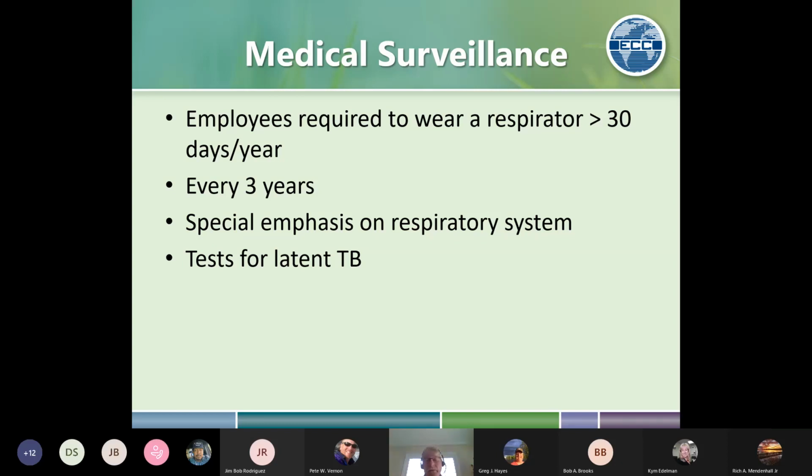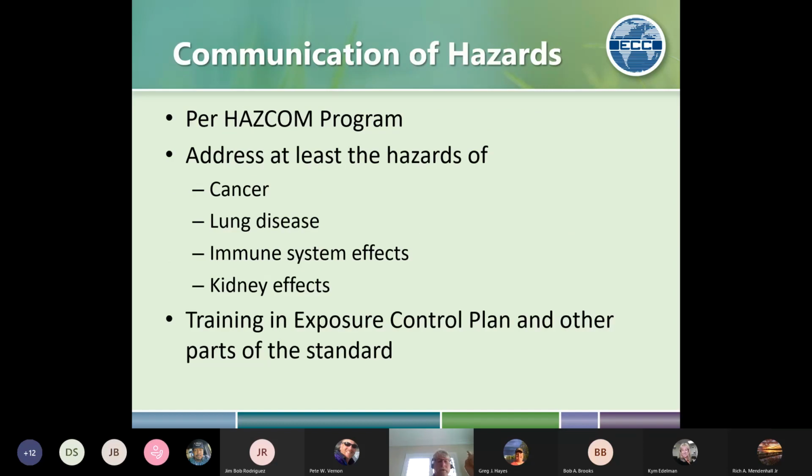And like I said, the emphasis of this program is on the respiratory system, but it also includes tests for latent tuberculosis, because as we mentioned, tuberculosis is really strongly associated with silica exposure. And then communication of hazards, just follow what you would normally do for HAZCOM.